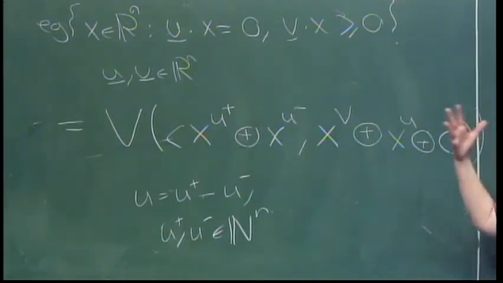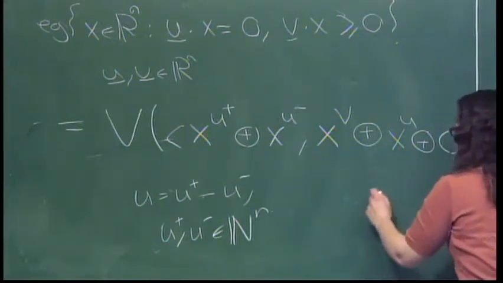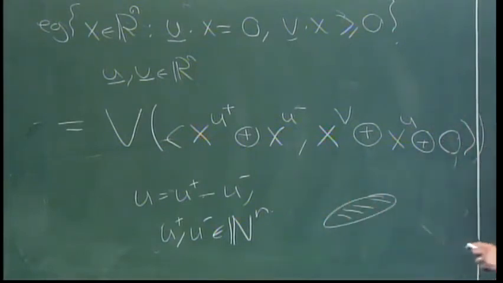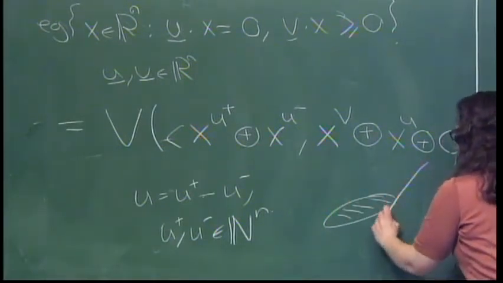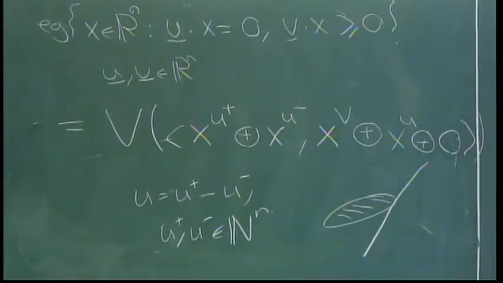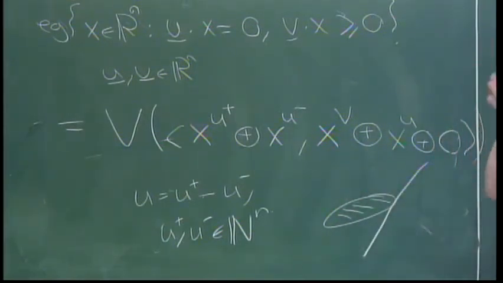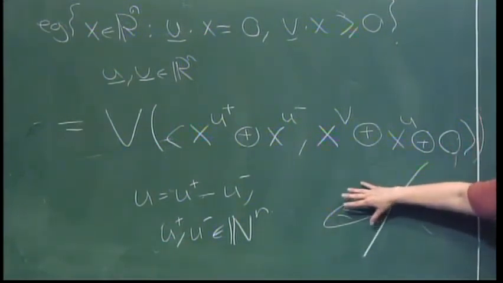Okay, so now what do we do? Now you've got a rational half hyperplane. Imagine that this is a circle inside a plane in R^3, and then maybe I've got some line coming out of the plane. I get the circle by writing it as an infinite intersection of rational half spaces inside this hyperplane.